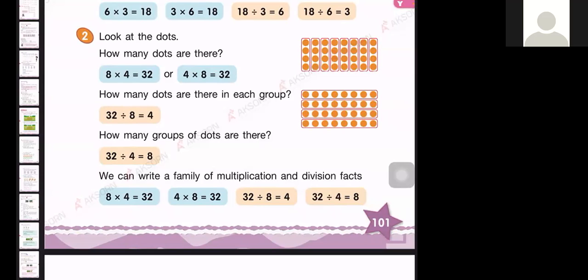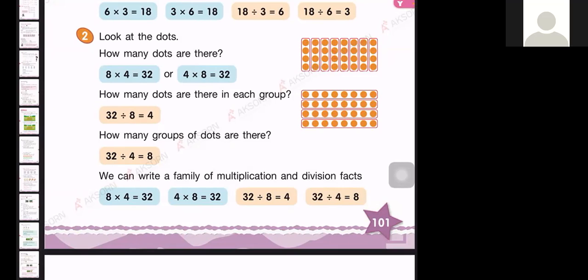Everybody, 8. 8 times 4 equals 32. Next, 4 times 8 is 32. Okay, now we're going to do the division now.